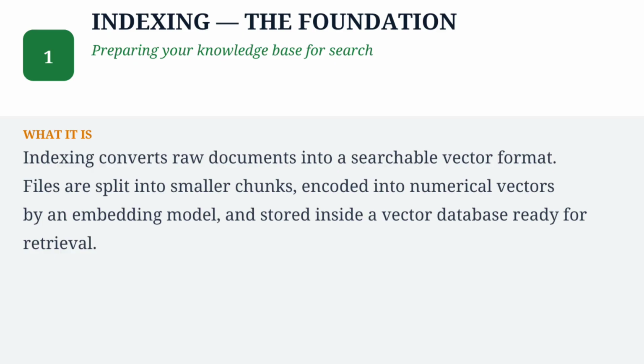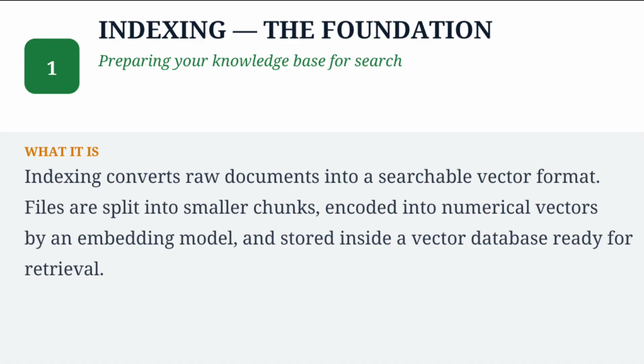Here is what actually happens. You have raw documents. It could be a PDF, a report, a contract, an article, or anything. The system first extracts the text from the file, then it splits it into smaller pieces. These are called chunks, not the whole document at once.